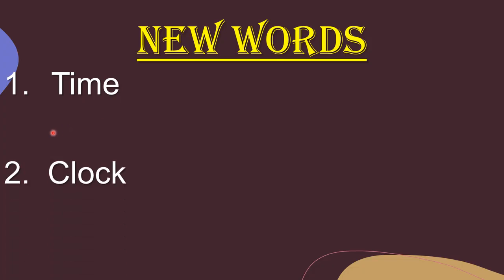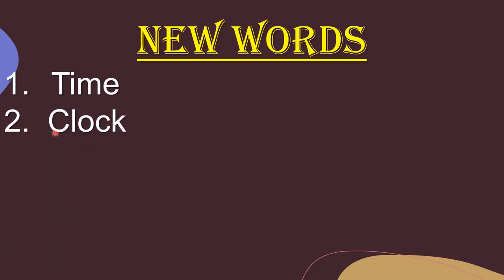Now beta, I am going to tell you some new words. Okay, you have to learn the spelling of these words. Number 1 is time. T-I-M-E, time. Number 2, that is clock. C-L-O-C-K, clock.